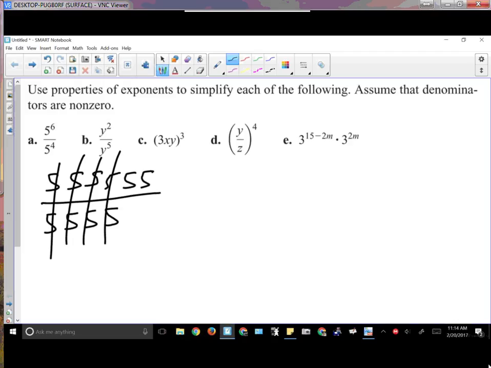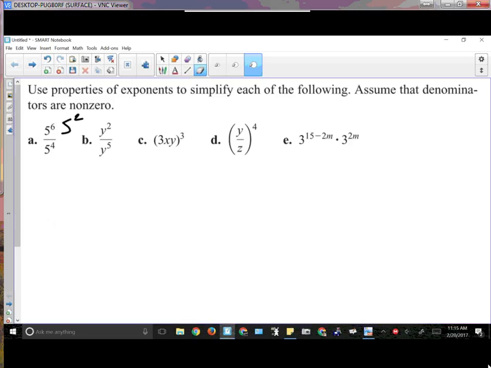So if there's 4 down here, 6 up here, this is just simply going to be 5 squared. Likewise, if I look at what B is, this would end up being 1 over y to the 3rd. 2 up there, 5 down there, cancel it out.